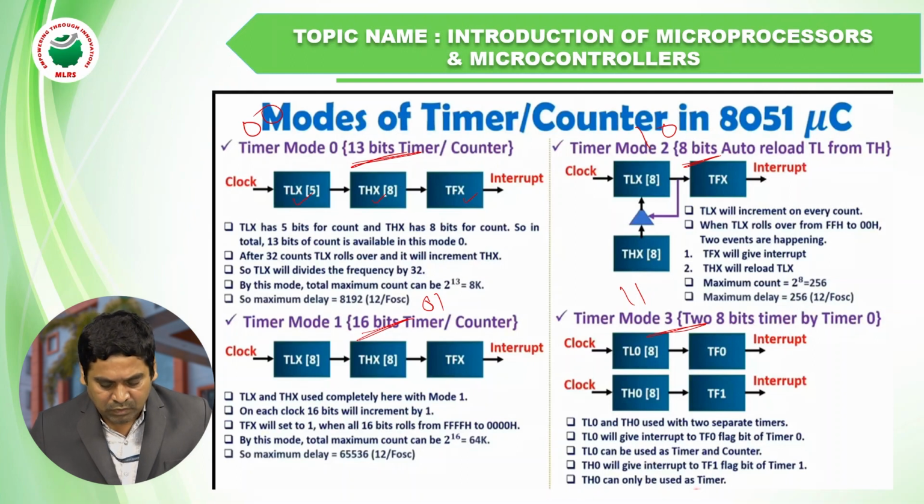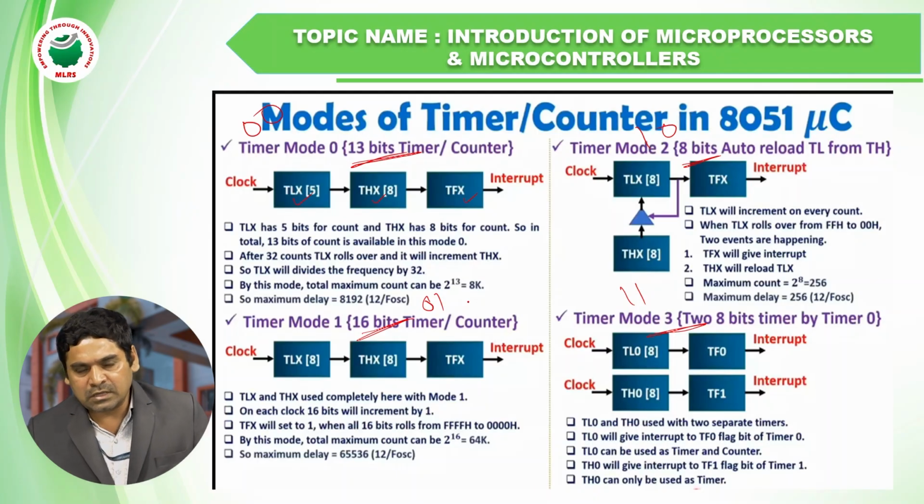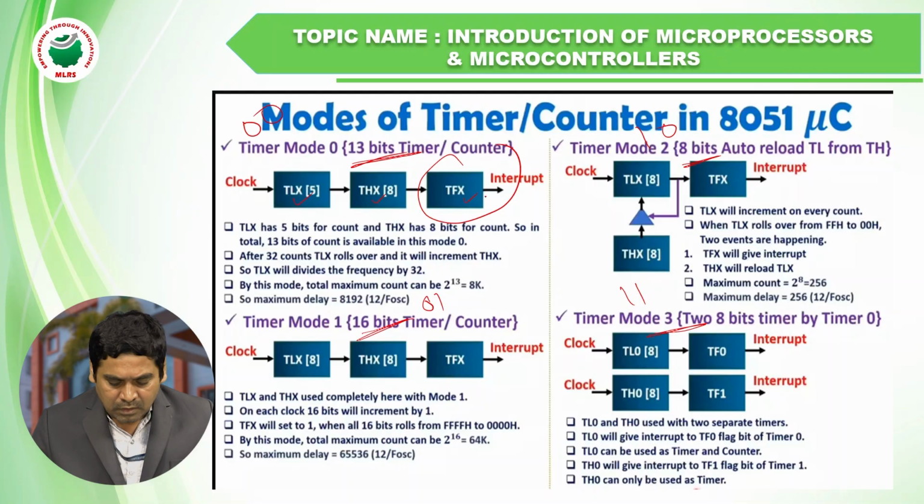So 2 power 13 gives a maximum count of 8K. The count goes from 13 zeros up to 13 ones in binary notation; when all the count is completed, it rolls back to all zeros, and TF0 occurs.